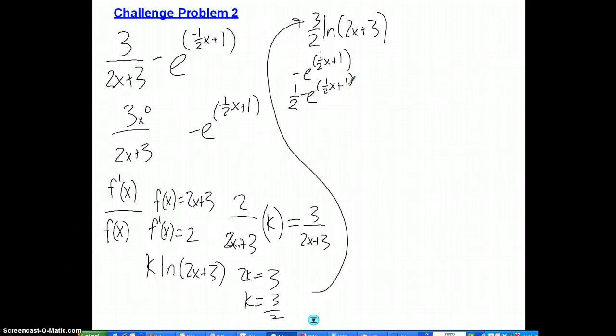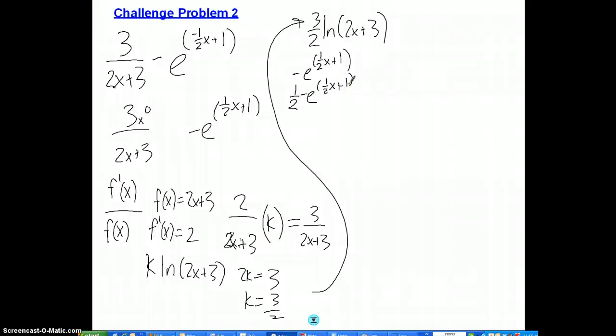But then it always has to be 1 over this part. The derivative of the exponent has to be the denominator of which the constant is a numerator.